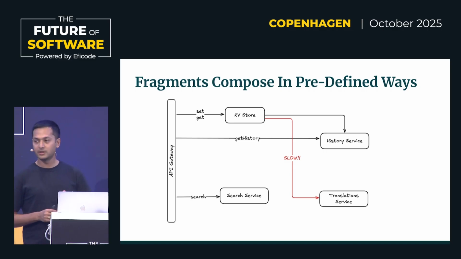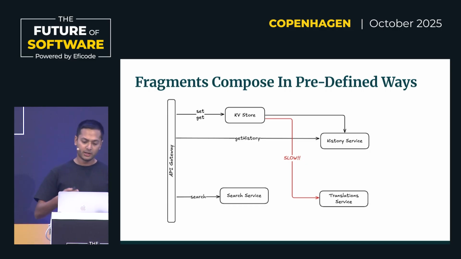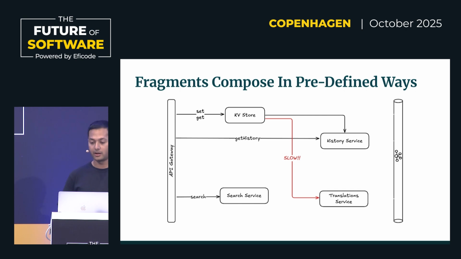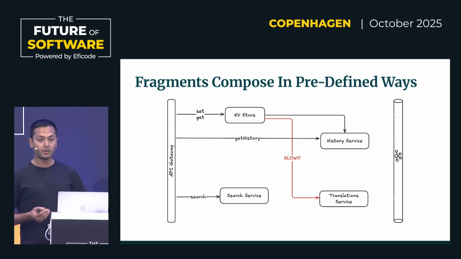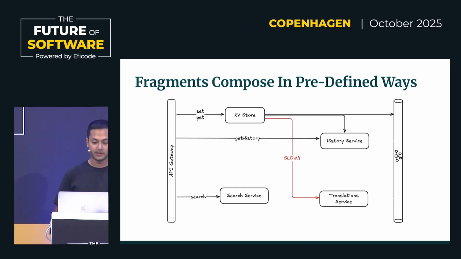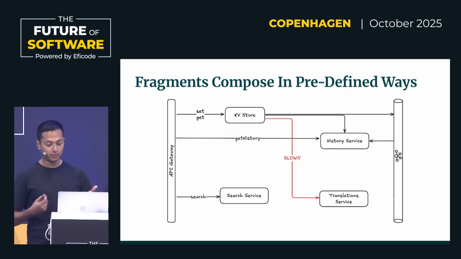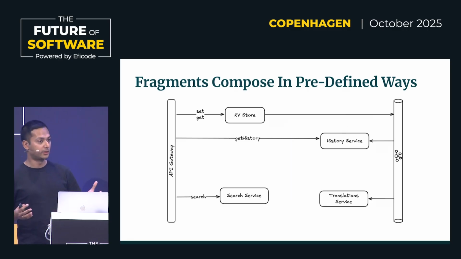This is not ideal because I don't want my key value store, the primary objective of our product, to become slow because of another dependency. So let's do something else. A common pattern here would be to have a data bus, a message broker like Kafka, where you stream the updates, the operations happening in the primary store, and whoever wants to subscribe to it and consume from it can deal with it without being tightly coupled with the key value store.